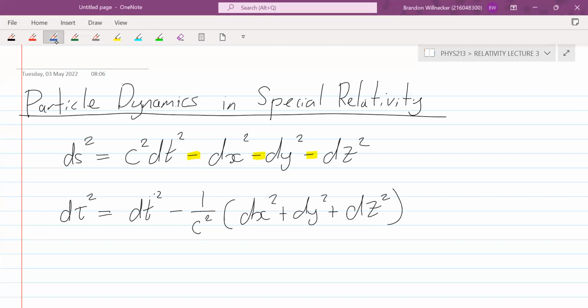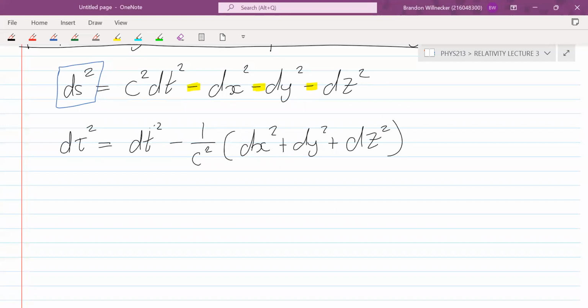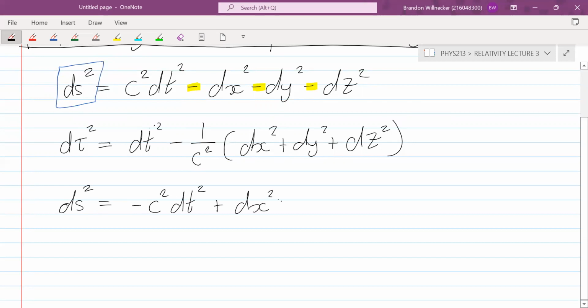However, this ds over here has a precise definition, and we were using it interchangeably. So to give the proper definition of the space-time interval, we're going to use ds squared is equal to minus c squared dt squared plus dx squared plus dy squared plus dz squared.